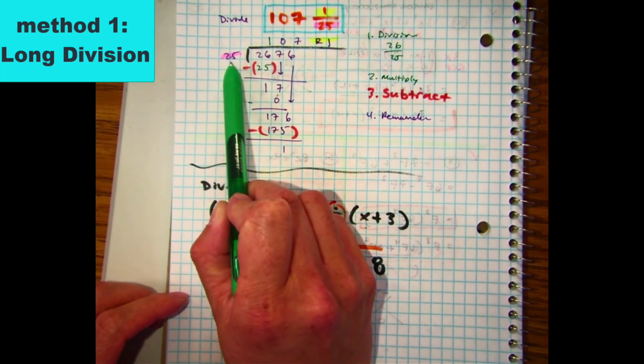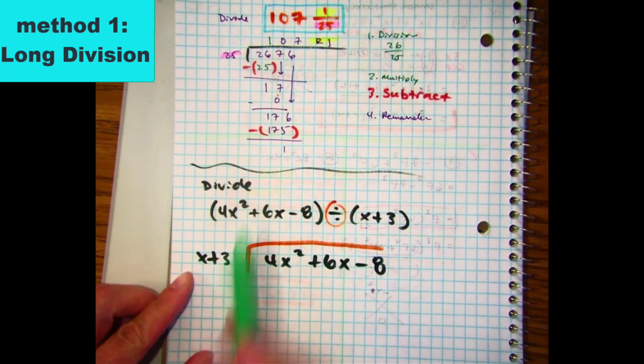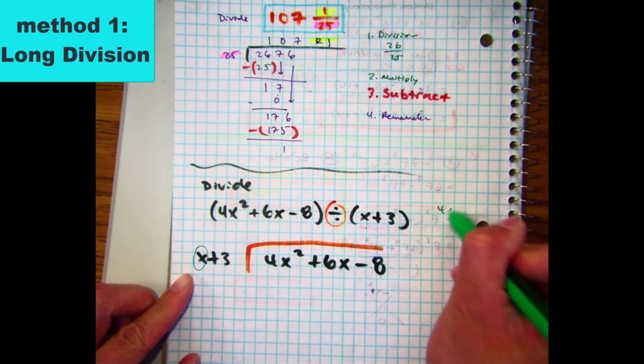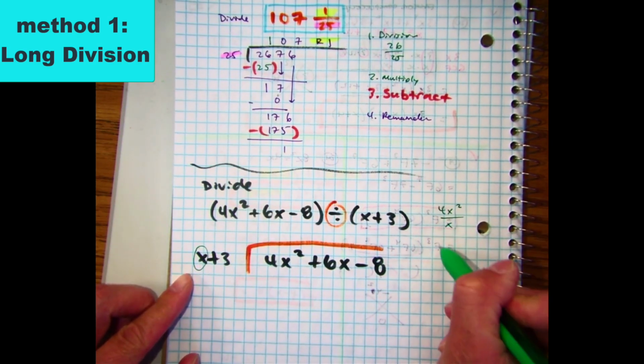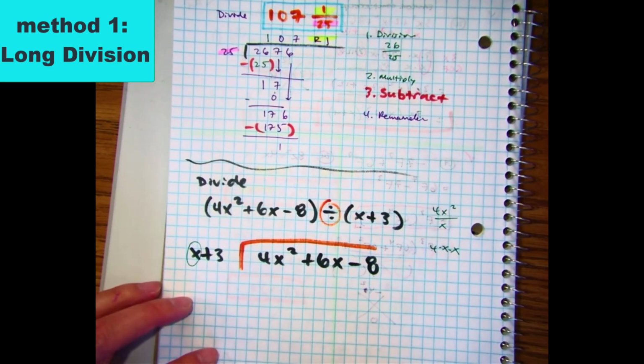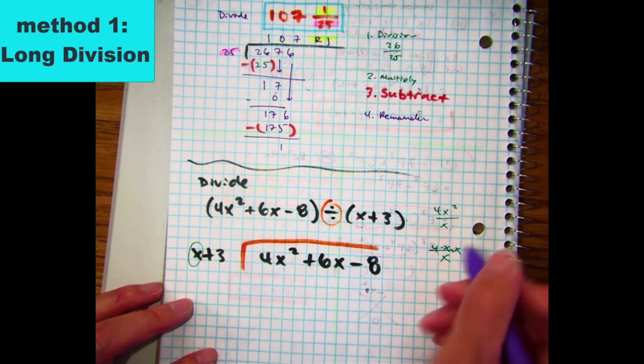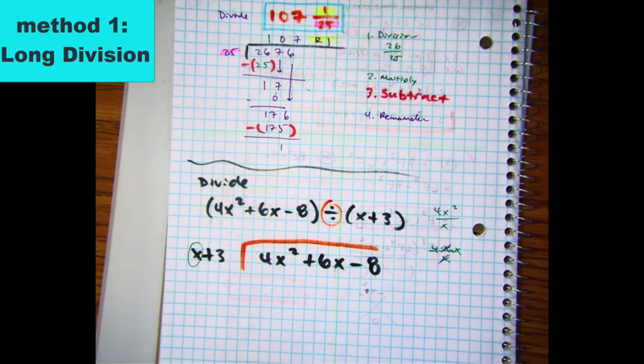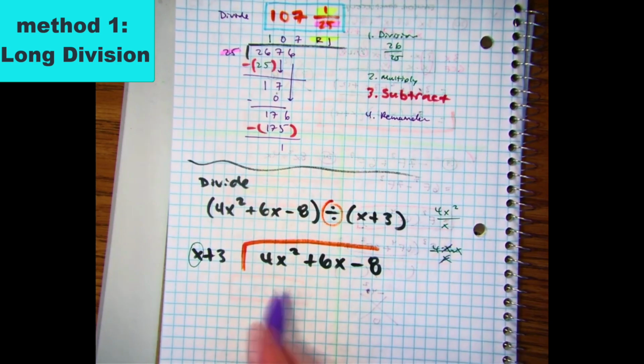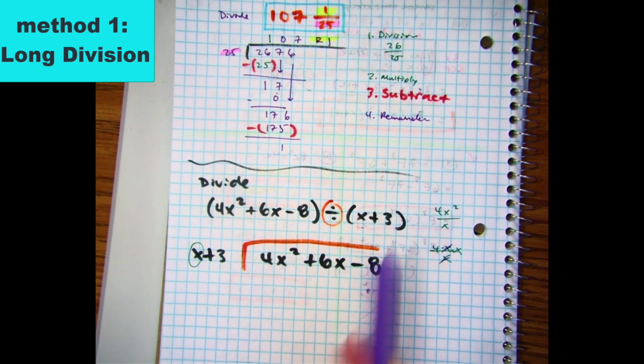How many times 25 goes into 26? Well, we're going to do the same thing. We're going to see how many times x goes into 4x squared. So 4x squared is 4 times x over x, and if you simplify that, you'll get what class? 4x.